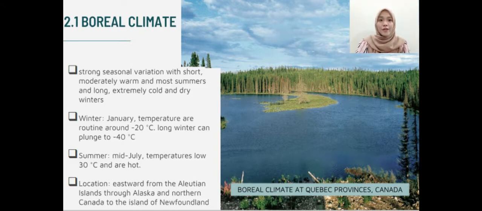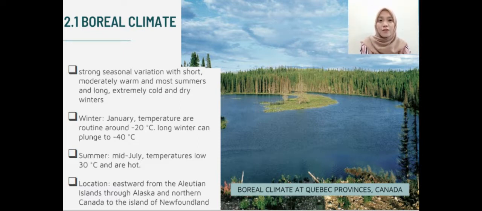In the North America region, all but the coast of Alaska is covered by this climate, along with most of the northern half of the Great Canadian Plains from the Yukon in the west to Labrador in the east. As you can see, it is a place of snow, swamp, lake, and trees.